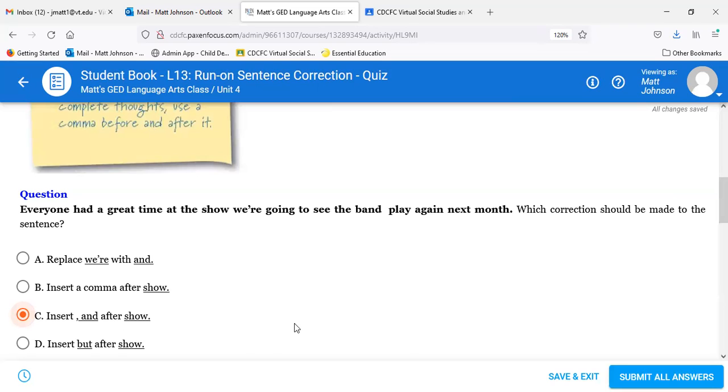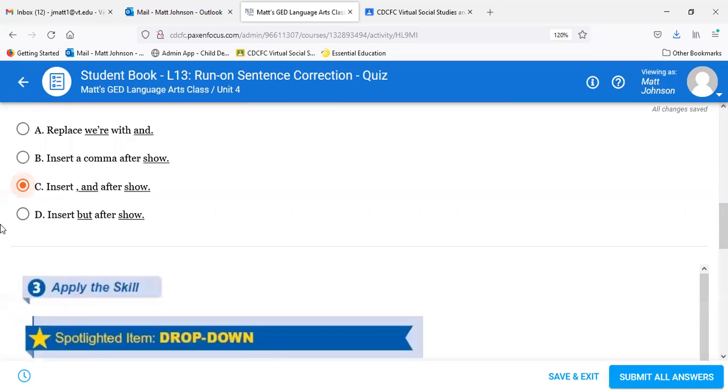We talked about a comma, how it separates sentences into meaningful units. Right here is a perfect example of it doing its job, when we put it after show. Meaningful unit and meaningful unit. All right. So C for number 1.